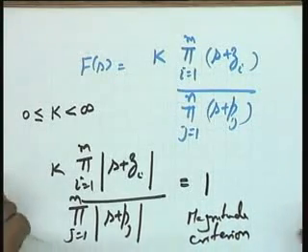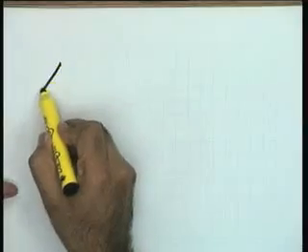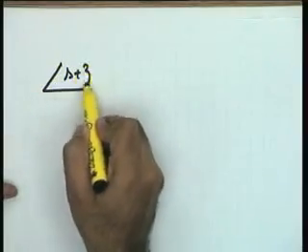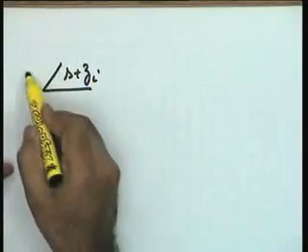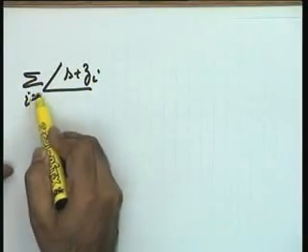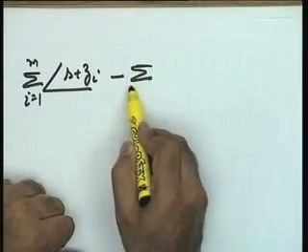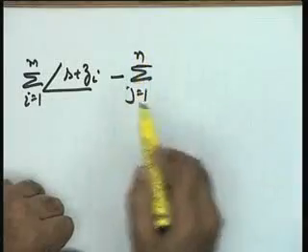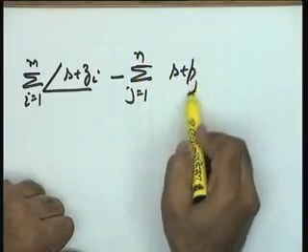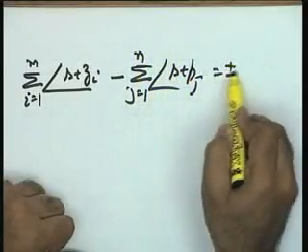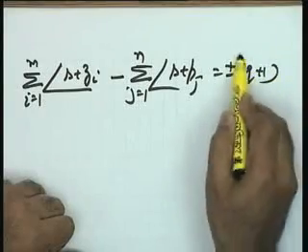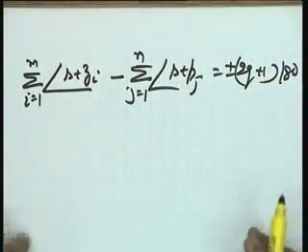What is the angle condition? Please tell me. From here, the angle condition will be the summation of angle of (s plus zi), i equal to 1 to m, minus the summation of angle of (s plus pj), j equal to 1 to n, is equal to plus minus (2q plus 1) into 180.